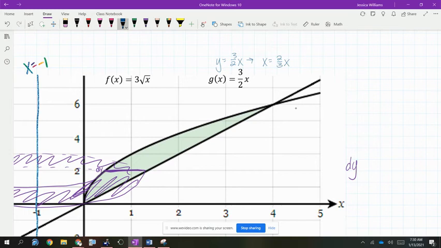So that's this line. That's a y. 2/3 y. Same thing here. If this is y equals 3√x, we can convert that to x equals y over 3 all squared. Whoops, y over 3.